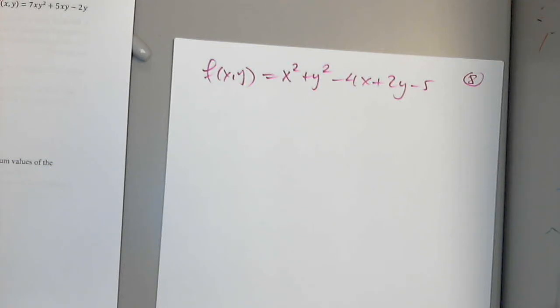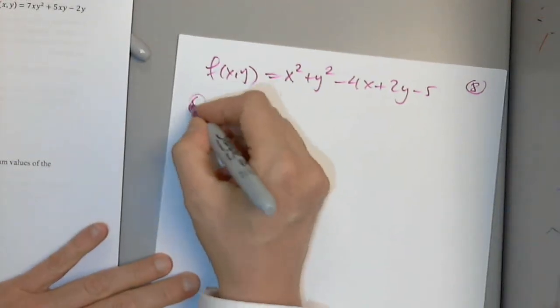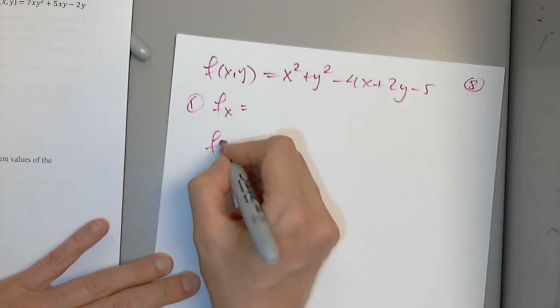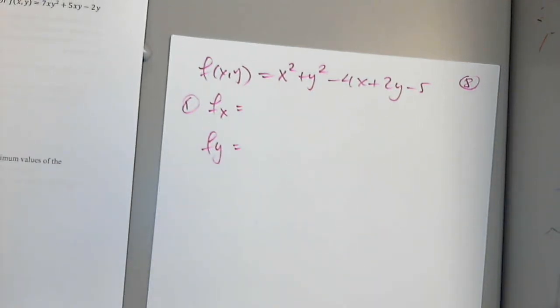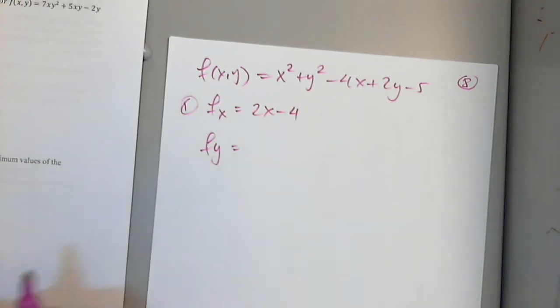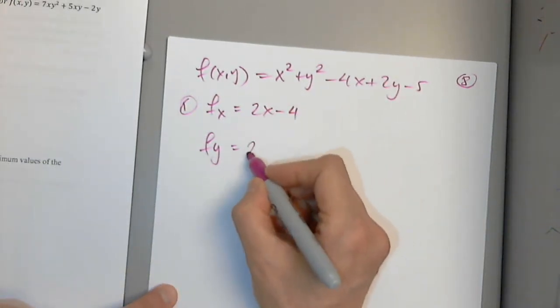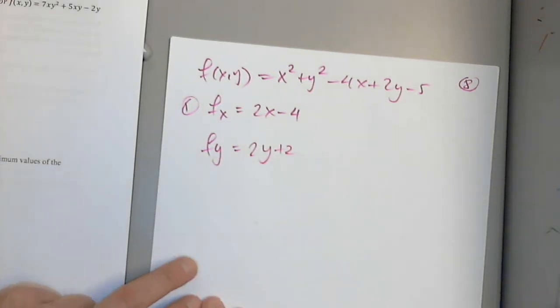So, first step. We have to find fx. And we have to find fy. And then we'll create a system by setting them equal to 0, not to each other. Ready? So fx, 2x minus 4. fy, 2y plus 2. Excellent.